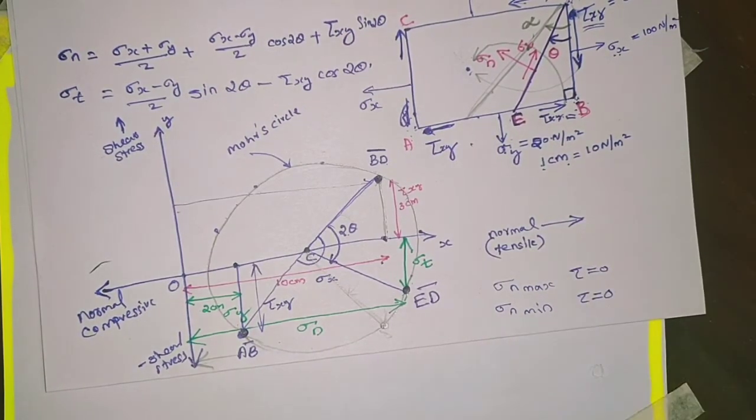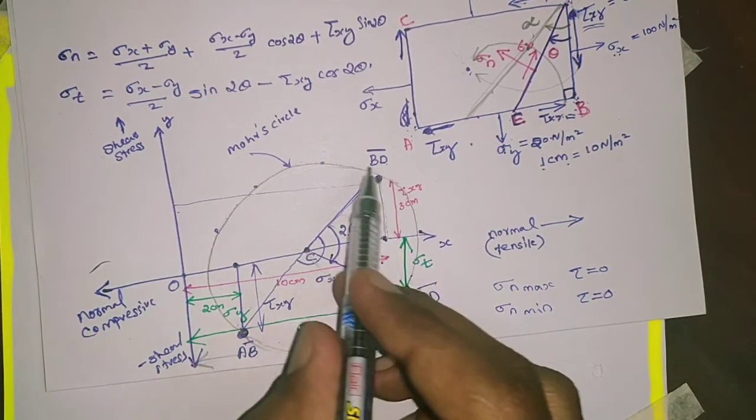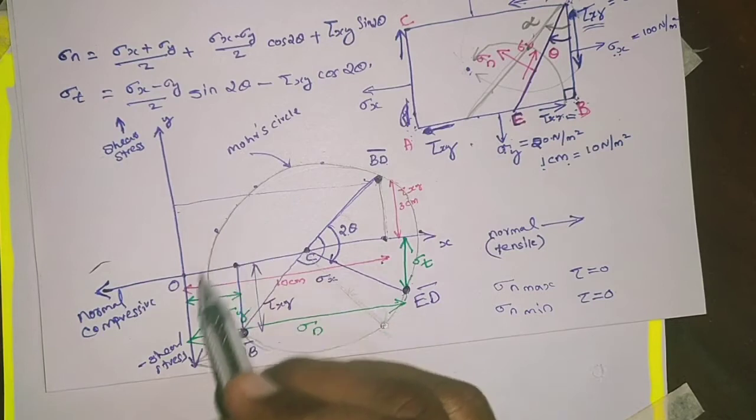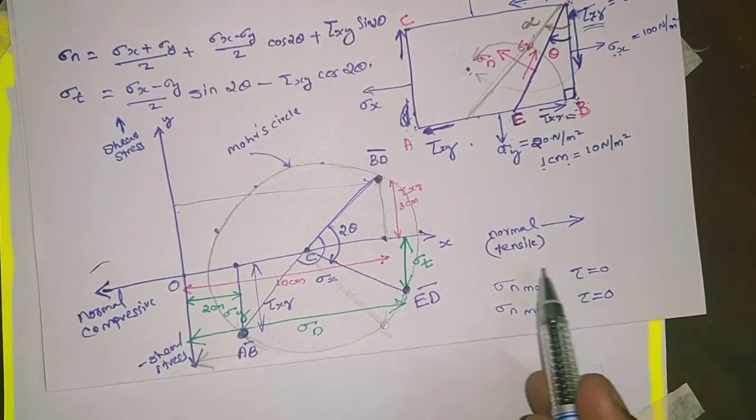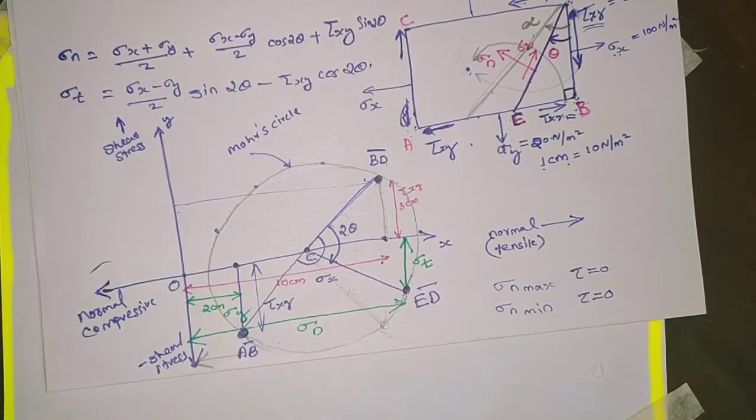This is the condition for a principal plane. And out of this infinite number of points on the circle, what are the points which satisfy these two conditions? Sigma n is maximum, sigma n is minimum.